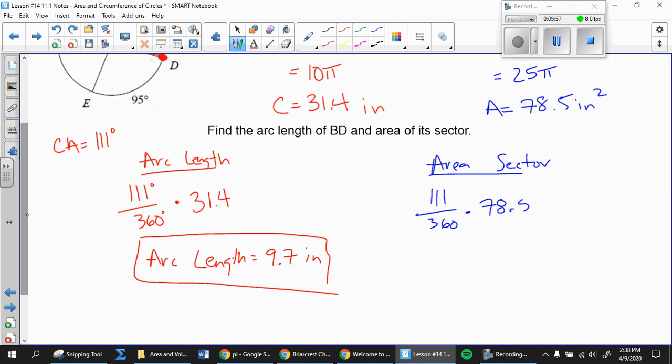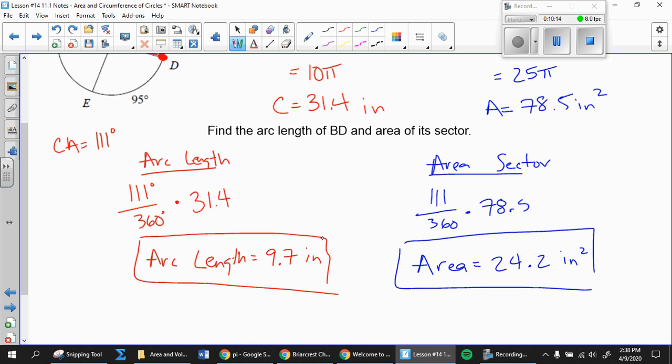So we take 78.5 times 111, divide that by 360, and we should get area of the sector equal to 24.2. Again, area is inches squared.